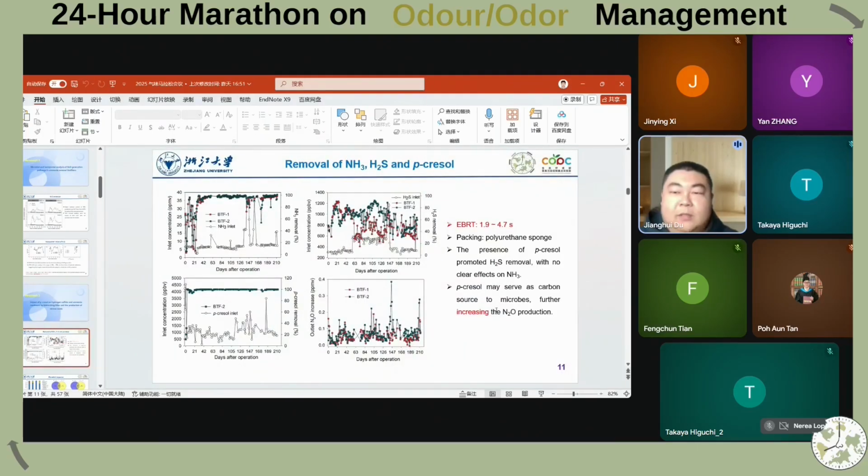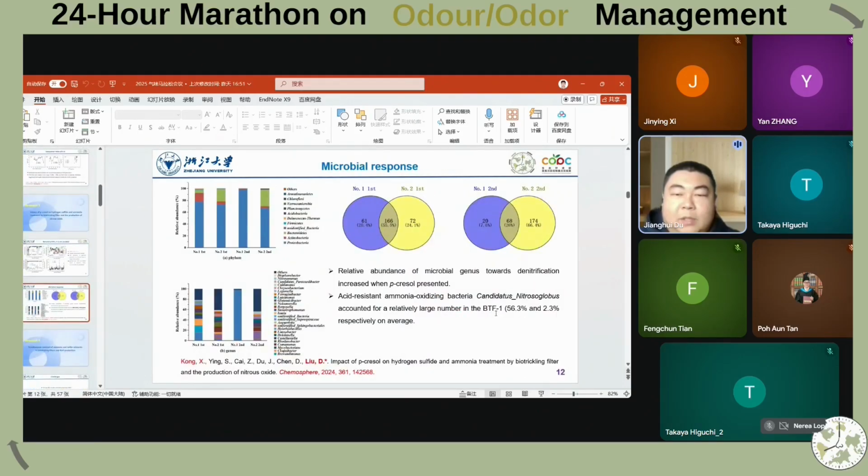With the EBRT at 1.9 to 4.7 seconds, the presence of P-cruciso promoted hydrogen sulfide removal with no clear effect on ammonia removal. Microbial analysis shows that the relative abundance of microbial genera related to denitrification increased when P-cruciso was present.